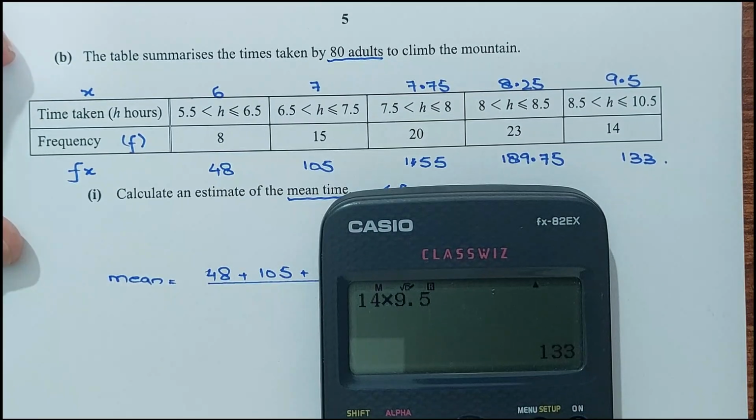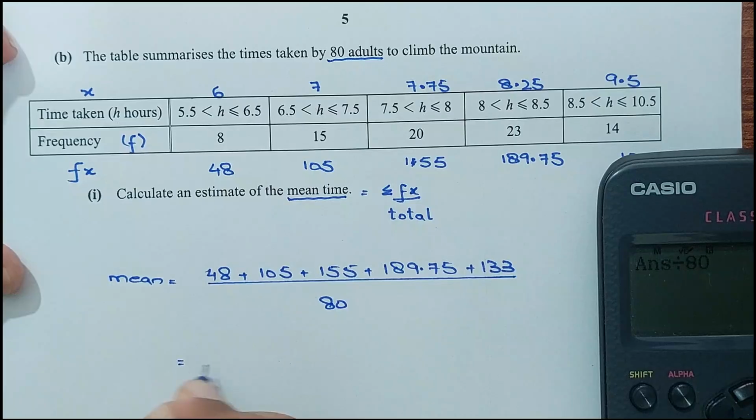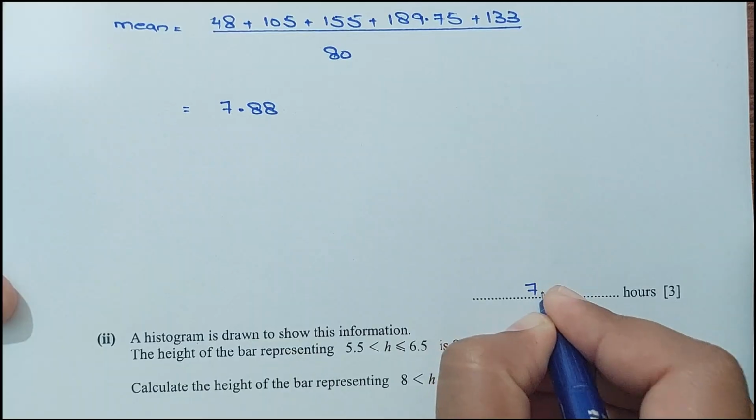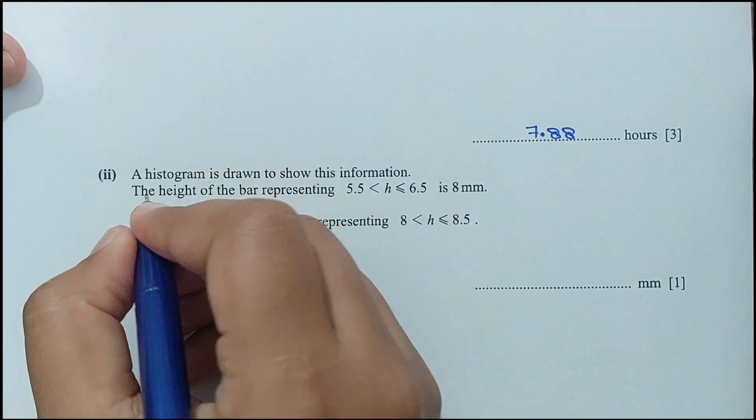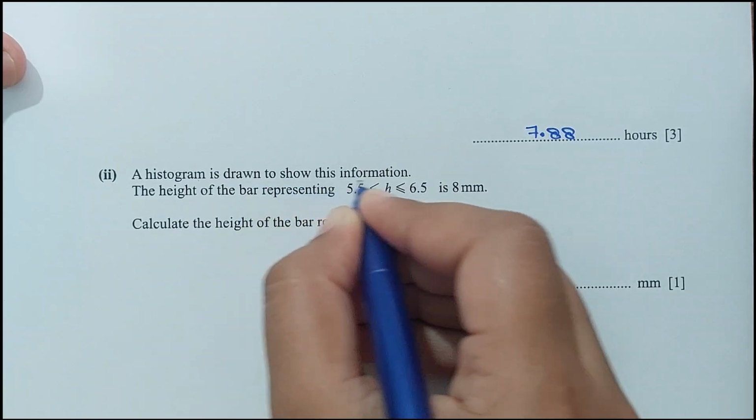Let me add them up. 48, 105, 155, 189.75 and 133, divided by 80. 7.88. That is the mean. So 7.88 hours.